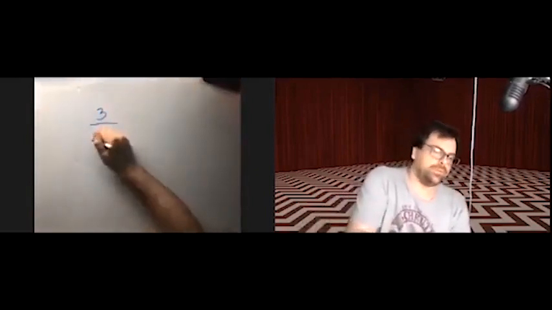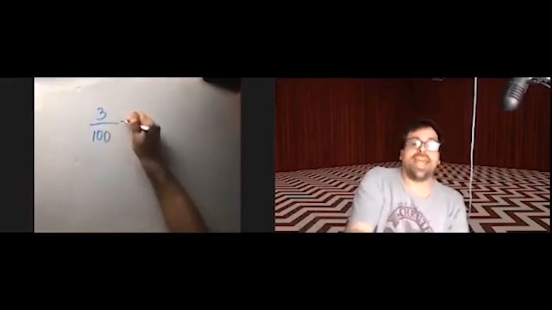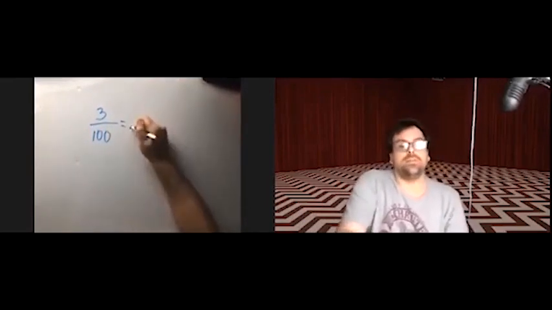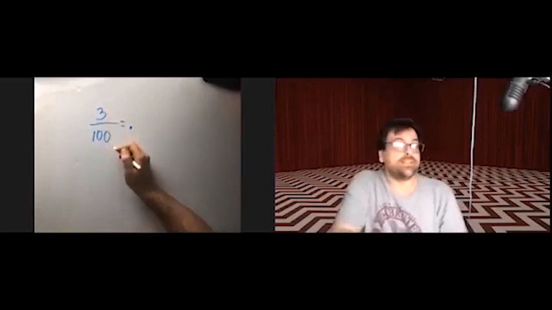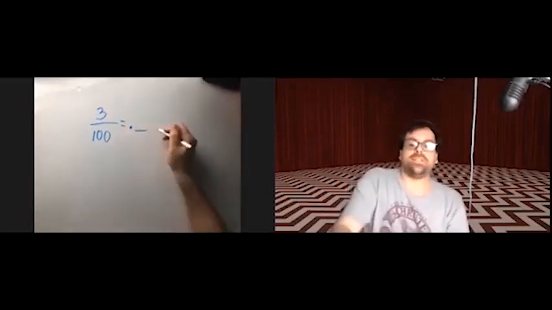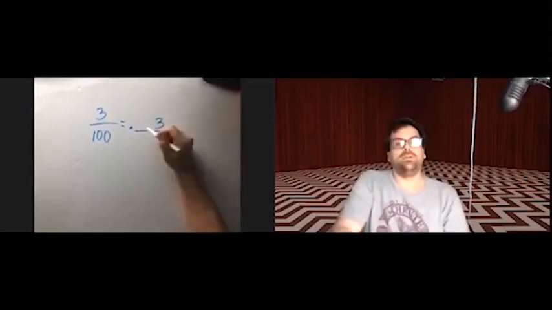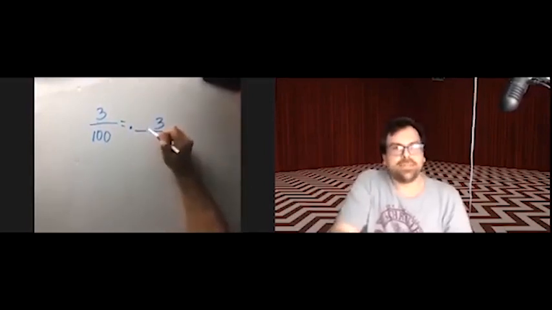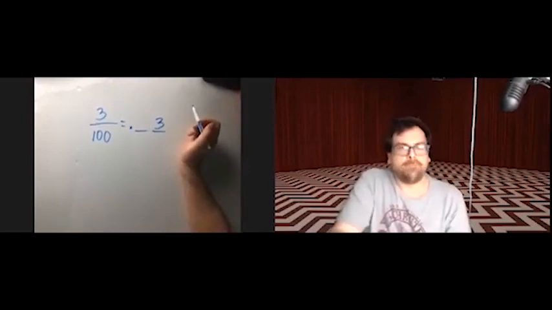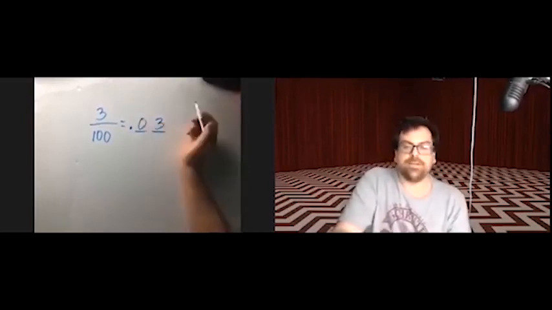Be careful. Remember, we want to write it so that it ends in the spot we want. 3 hundredths: tenths, hundredths. We want it to end here, but we still have the tenths place value. What do we put there? 0.